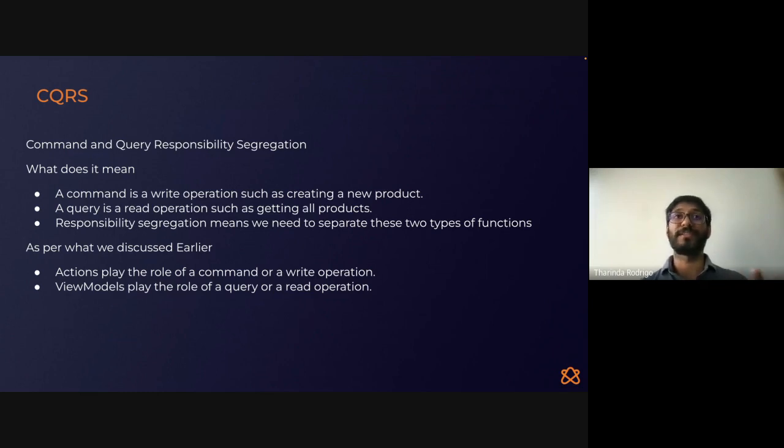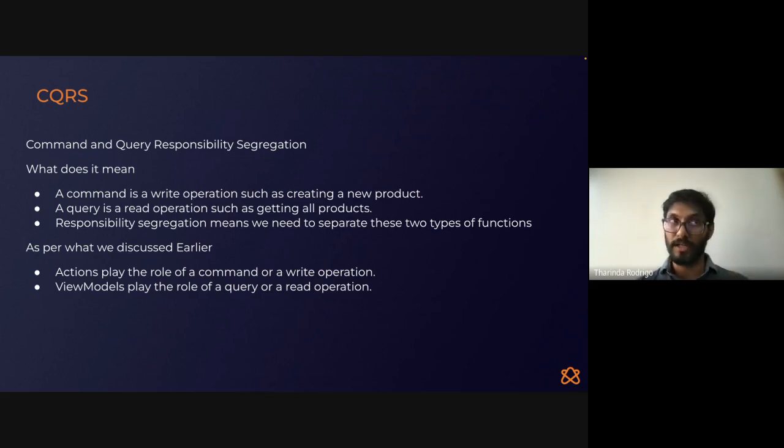When it comes to microservices, it's a different animal, so we are not going to discuss that here. But the whole concept is that a query reads an operation. So it's about segregating these two, so we know which responsibilities exactly these are handling.